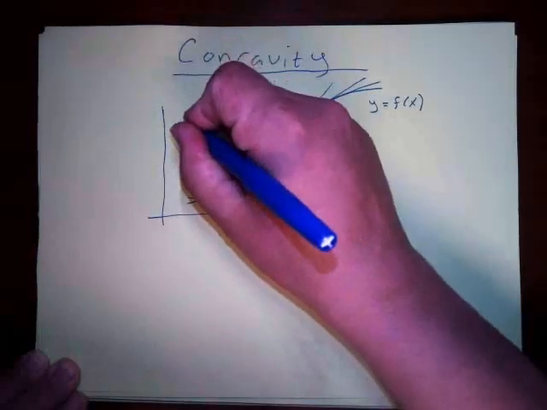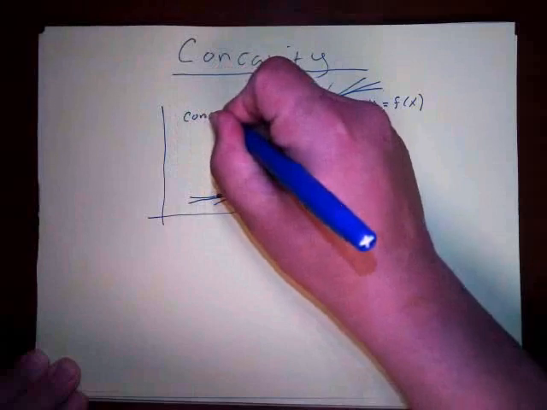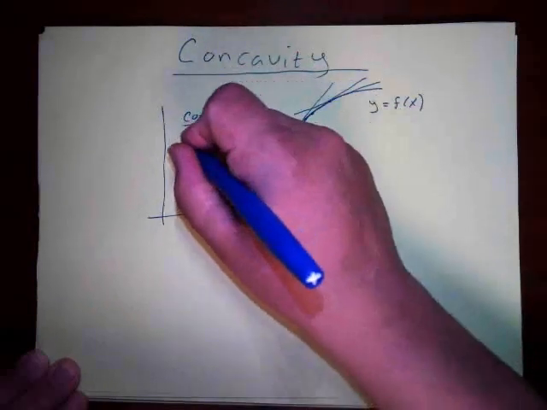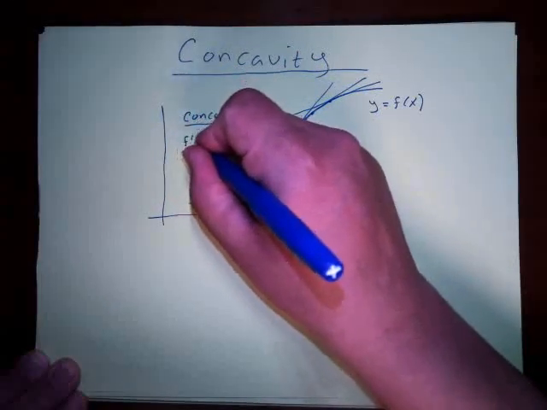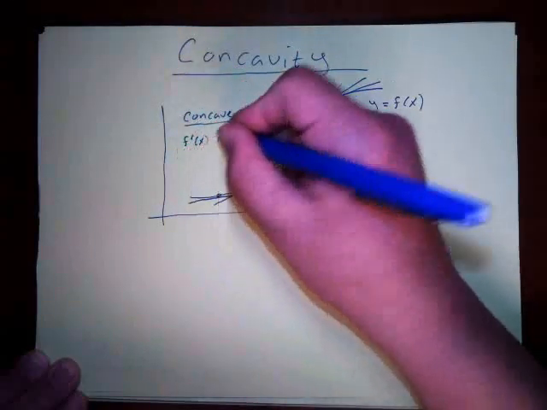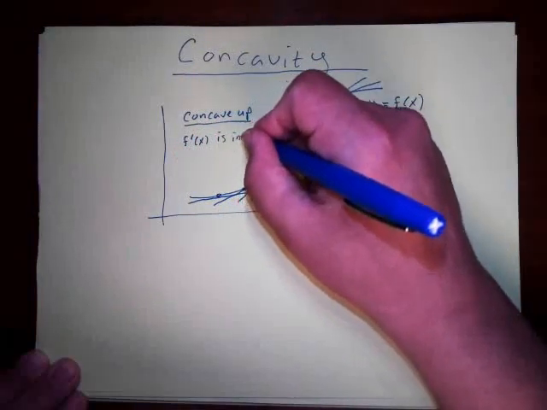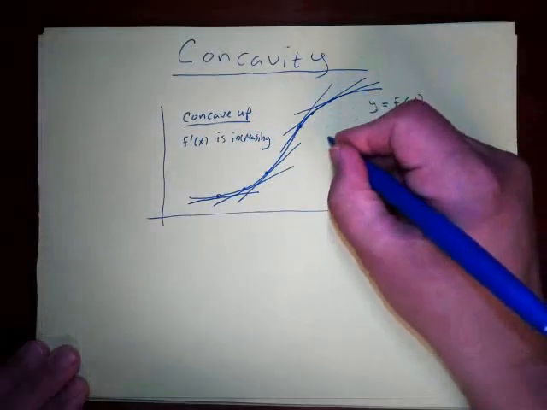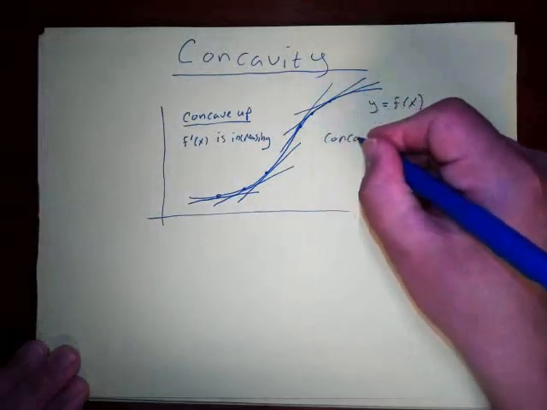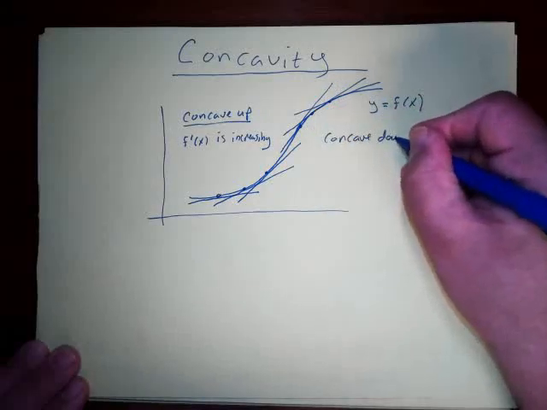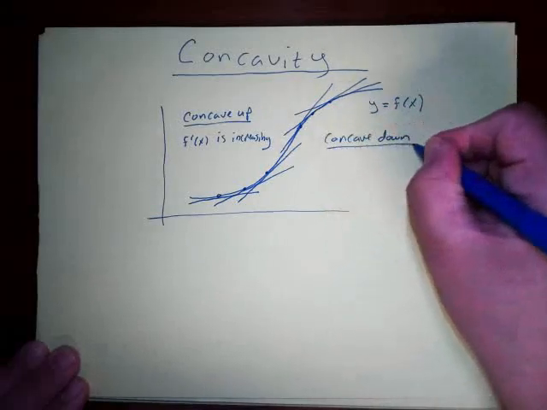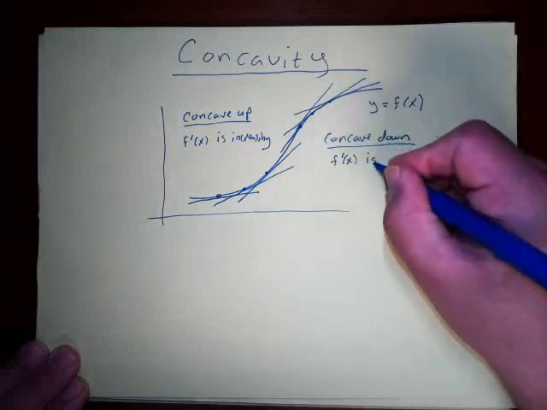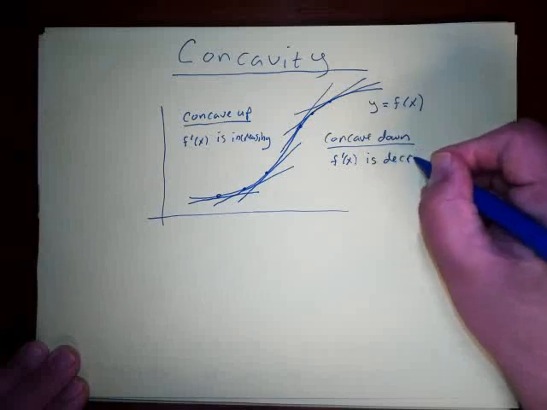In this concave up part, we could write f prime of x is increasing. And where it's concave down, we would have that f prime of x is decreasing.